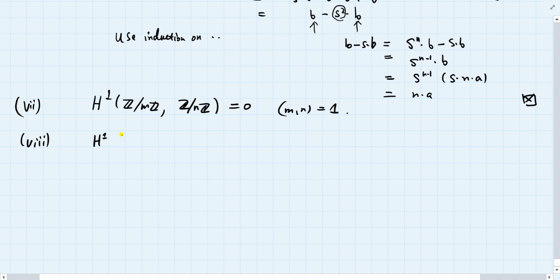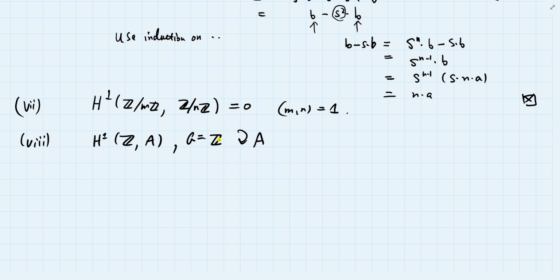this is 0. For any action on group A, because in this case G is Z, so the G is just itself, right?